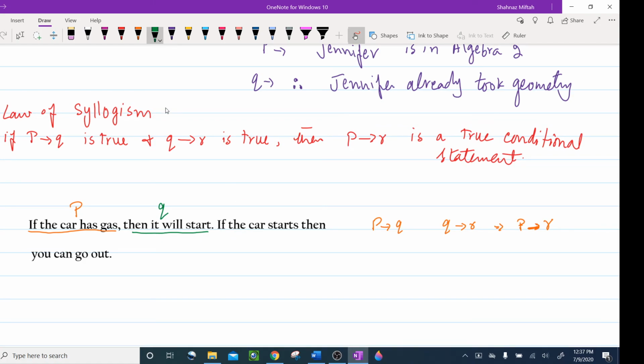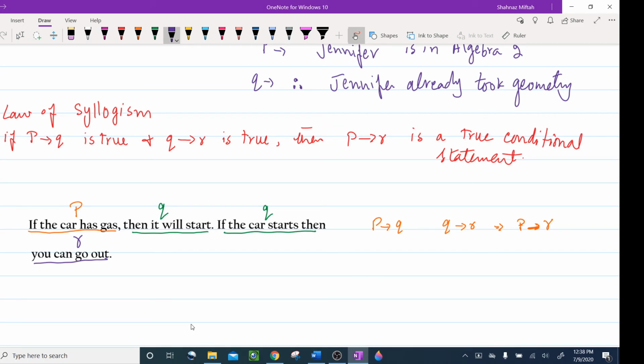So if the car starts, this is Q, right? Then you can go out. That's R, right?